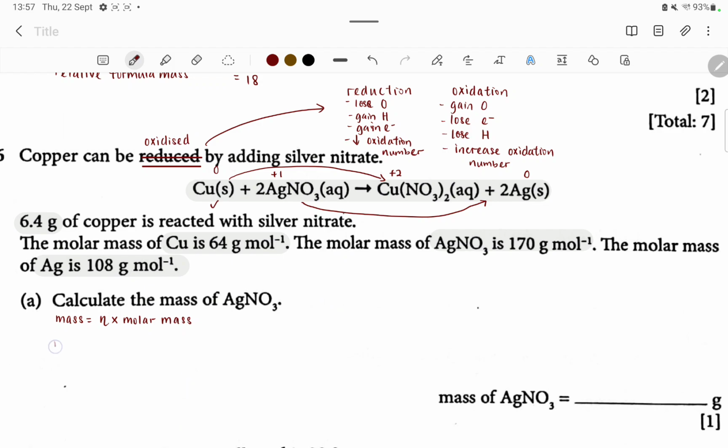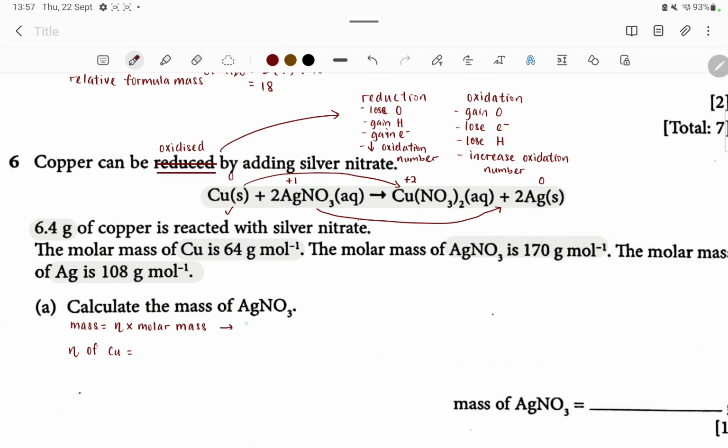So number of moles of copper, we use this formula. Number of moles, we move molar mass to the other side, so it becomes mass over molar mass.